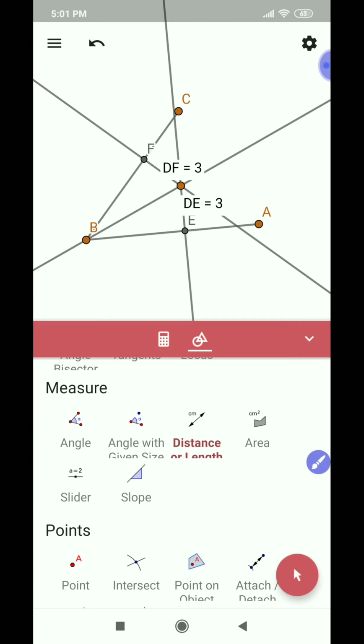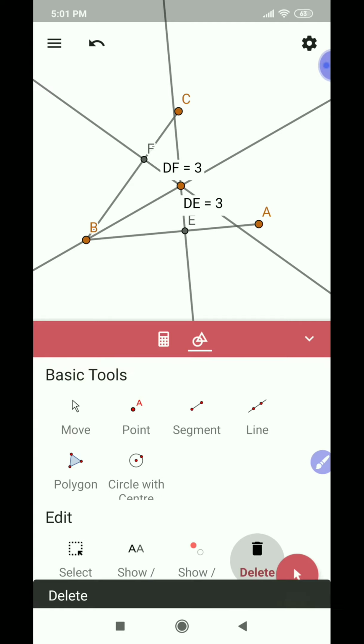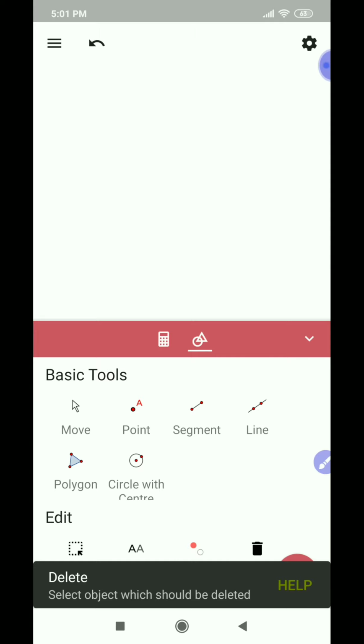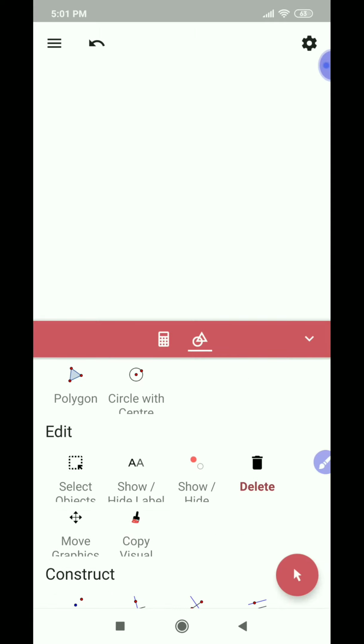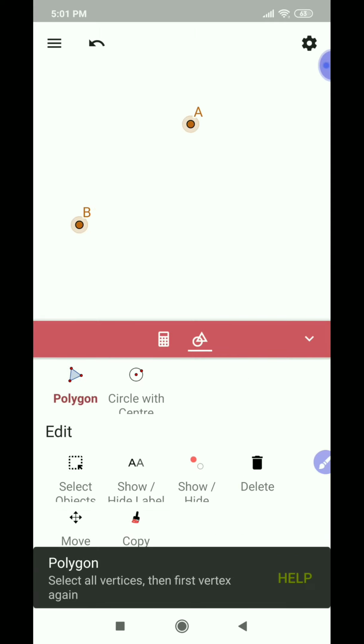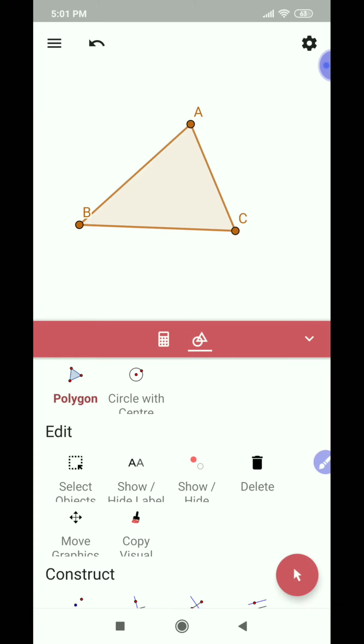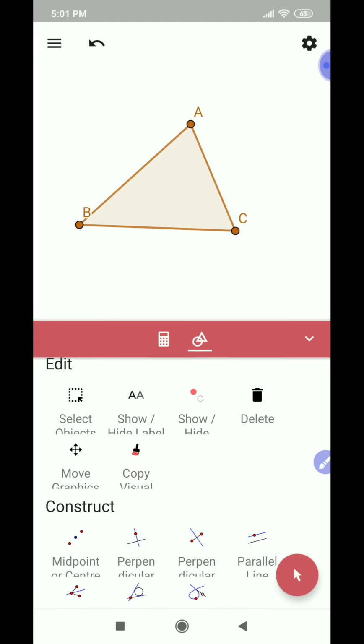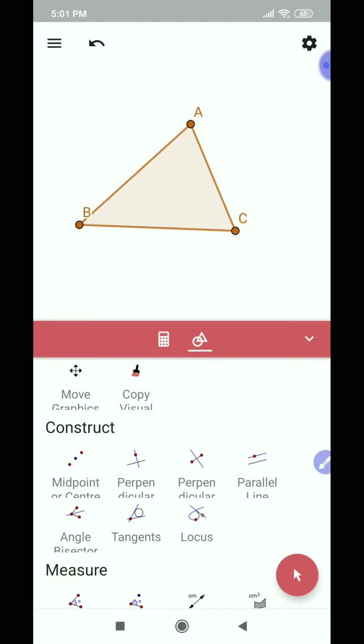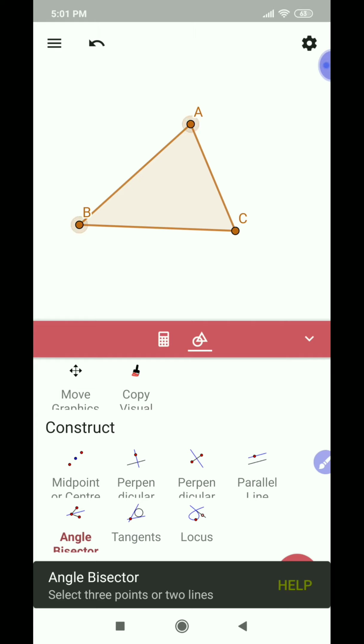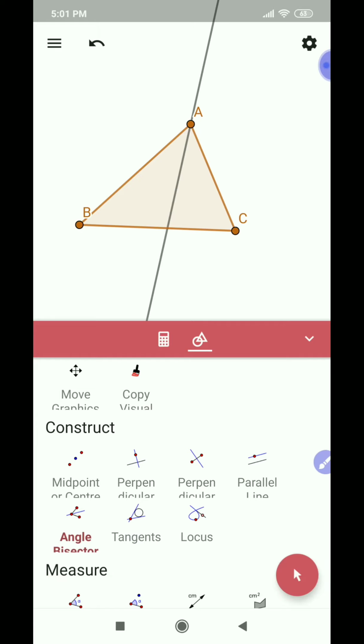And one more thing. Let us construct a triangle ABC. How many angles does it have? Yes, you are exactly right. It has 3 angles. Now construct the angle bisector to angle A. Similarly, the angle bisector to B and the angle bisector to C. What is your observation?